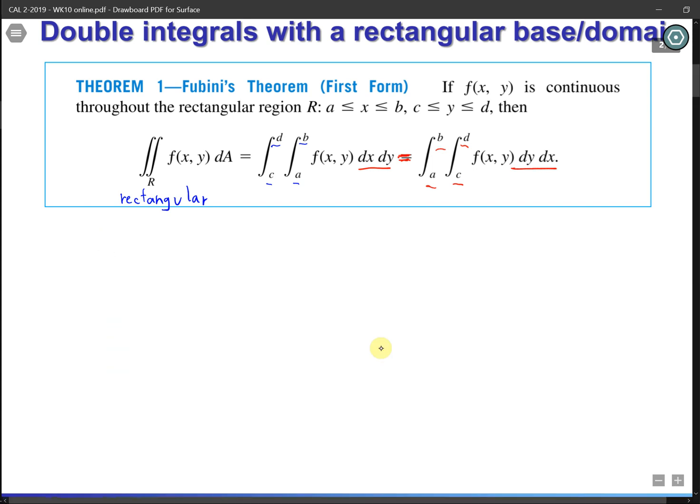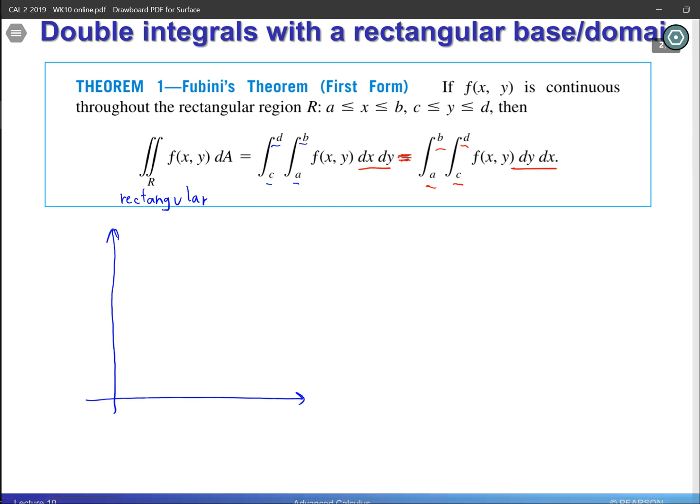Okay, I want a straight line. Alright. And this is going to be the first double integration with respect to x first. But before that, let's draw the region that we want, the domain region.